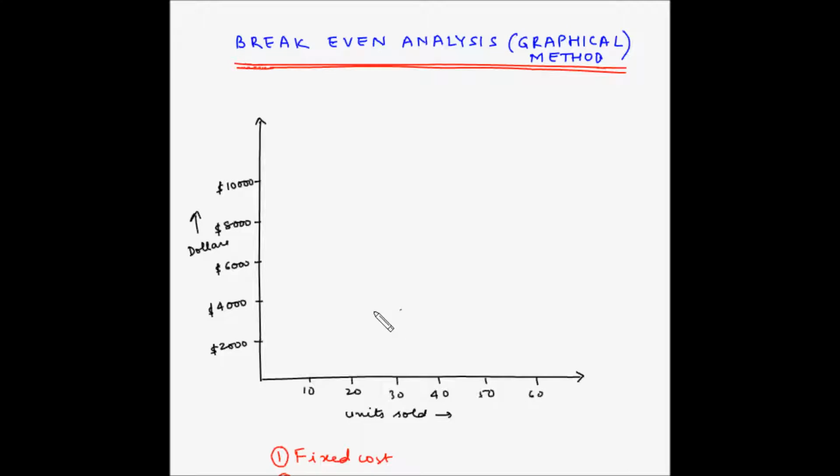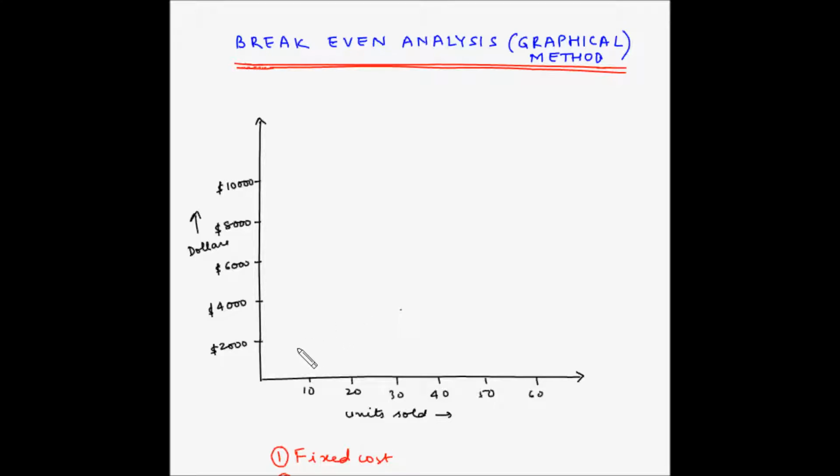Let us first take the fixed cost. Now we know that by definition, fixed cost is the cost which does not vary by the volume of production. So irrespective of the number of units sold, the fixed cost will remain constant.